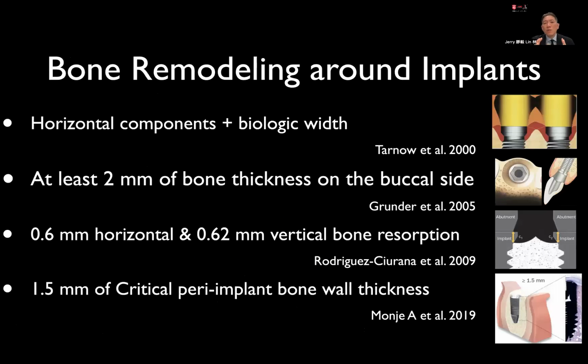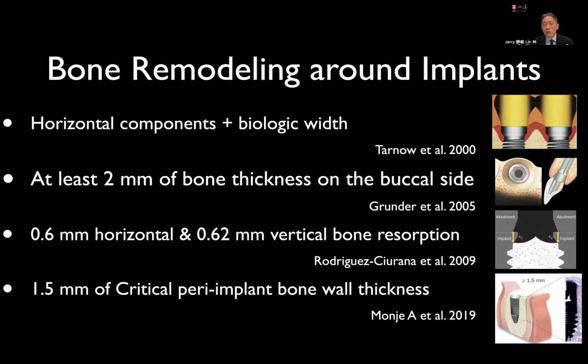So regarding the bone remodeling around implants, there are articles from the past decades that we can follow on the horizontal component, the buccal-lingual width, and we consider we need a certain dimension of good bone on the buccal in order to have good aesthetics. A lot of people point out it can be from 1 millimeter to 2 millimeters or up to 4 millimeters.